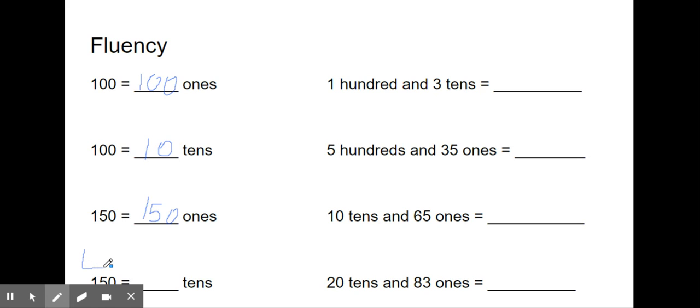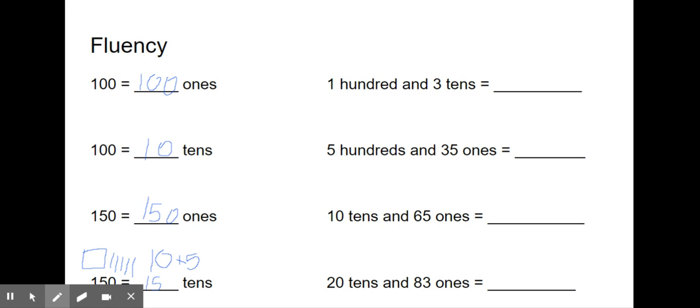Since we know that there are 10 tens in 100, and there's 5 more tens for 50, we have 10 tens plus 5 tens. 10 plus 5 is 15. So 150 is 15 tens.